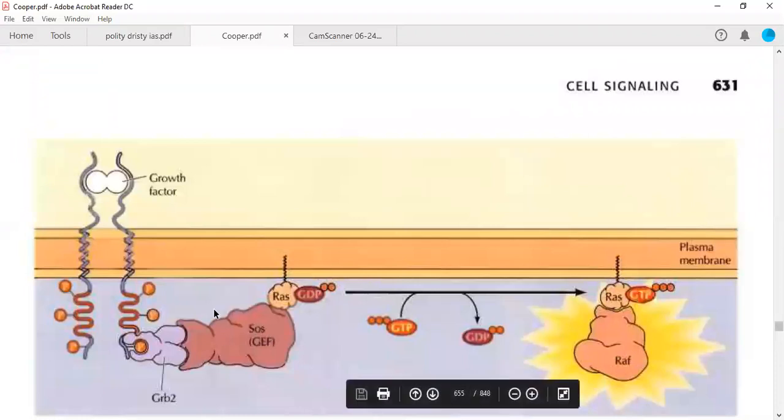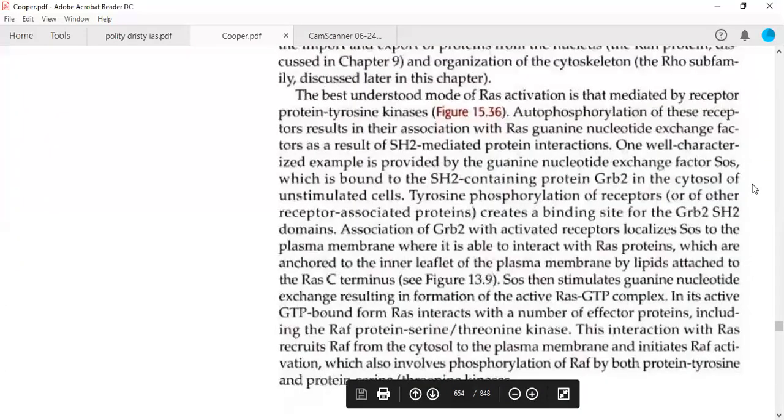As you see here, SOS interacts with this receptor tyrosine kinase with the help of an adapter protein, GRB2, which has two kinds of domains, as we have discussed, SH2 and SH3 domains. Only these things are discussed in this particular text.